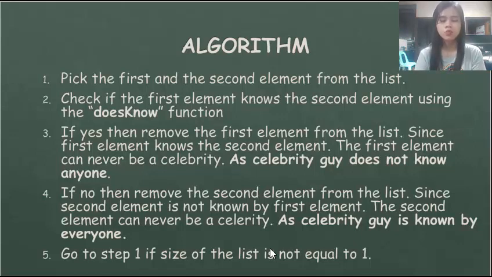If no, then remove the second element from the list, since the second element is not known by the first element, so the second element can never be a celebrity. A celebrity is known by everybody. So go to step 1 if the size of the list is not equal to 1. And that's the algorithm of how to solve the celebrity problem.